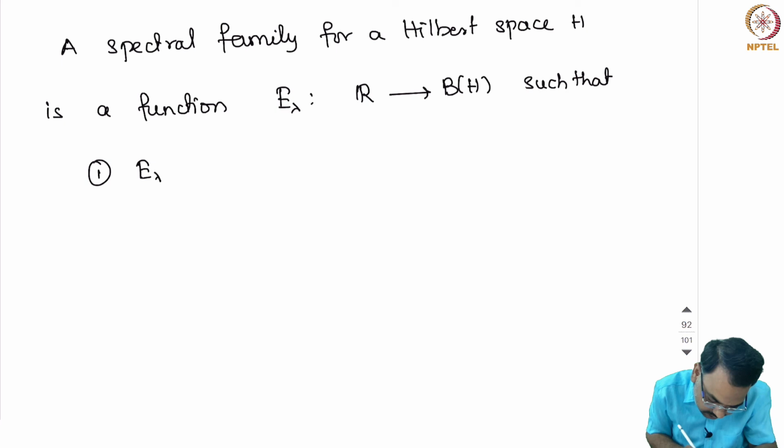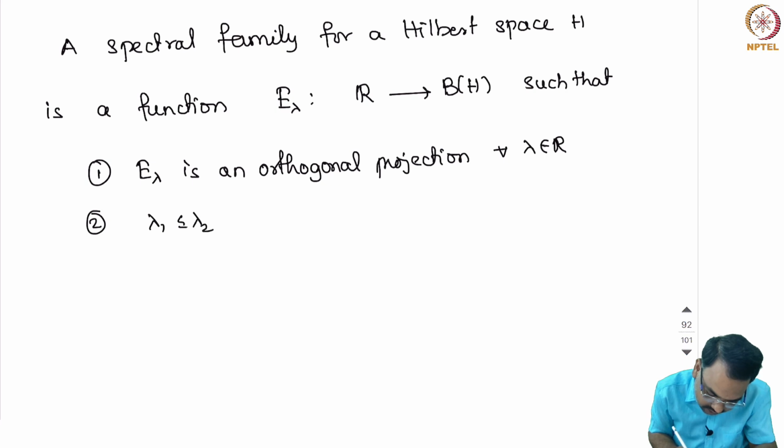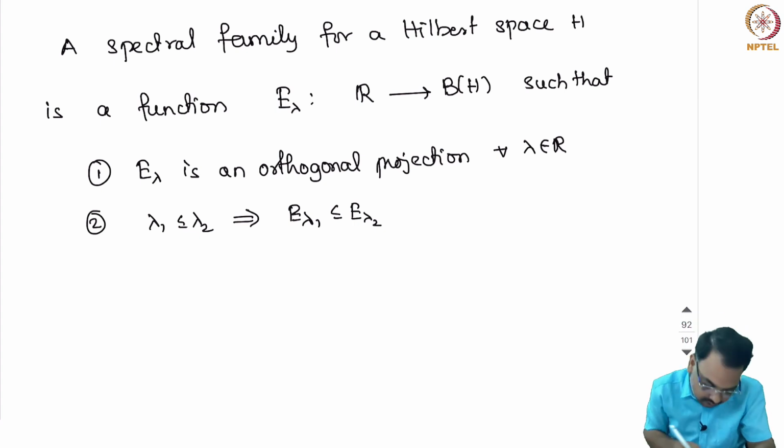First, E lambda is an orthogonal projection for each lambda in R. Second, lambda_1 less than or equal to lambda_2 implies E lambda_1 is less than or equal to E lambda_2. This is a monotonic property. The third one is right continuous.